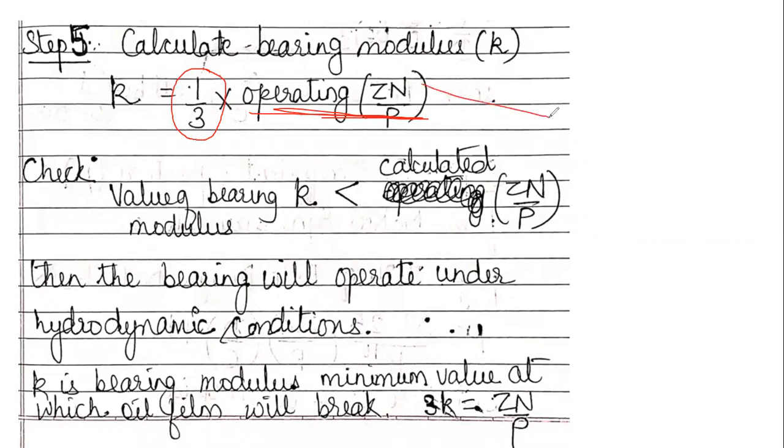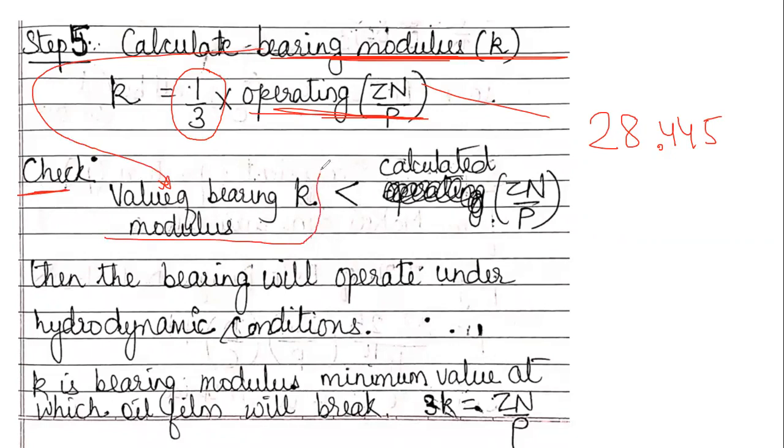And operating Zn by P value for centrifugal pump, you write now, so 28.445. So 1/3 of 28.445. Once you do this, whatever value of this bearing modulus K you found out, you have to check if this value of bearing modulus K is less than calculated ZNP or not.